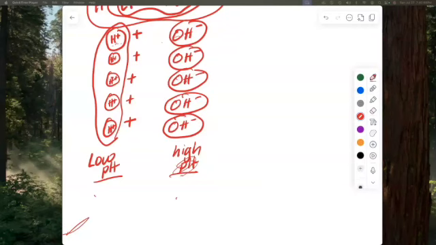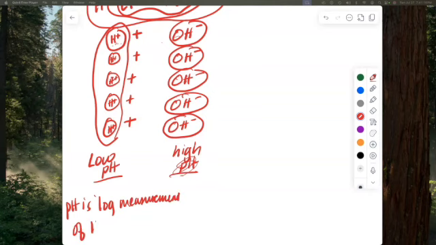Okay, we're defining pH, right? So pH is a logarithmic measurement of the hydrogen ion concentration. All it's saying is that when we're measuring the pH, we're measuring the amount of hydrogen ion, but by using log.